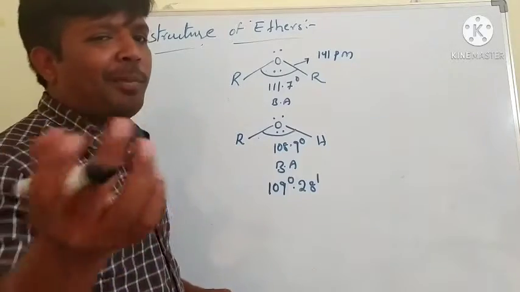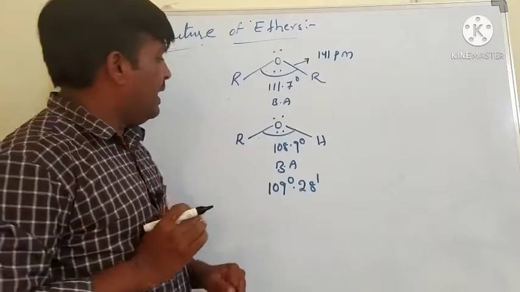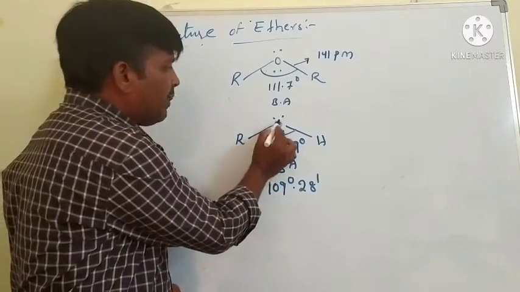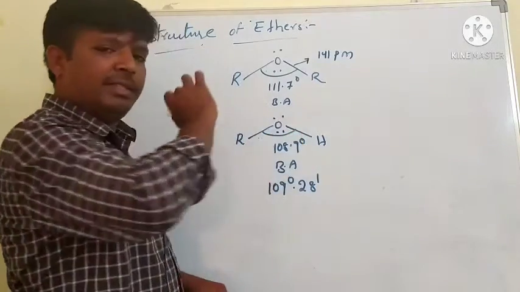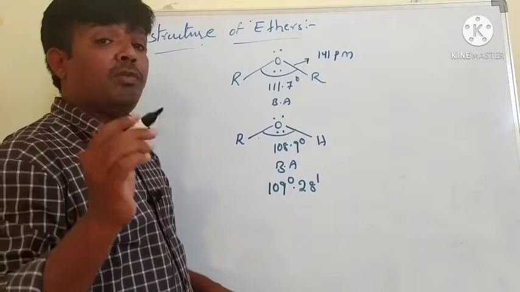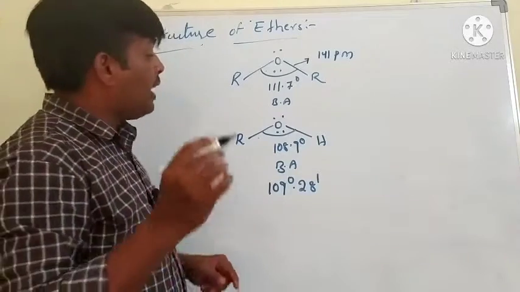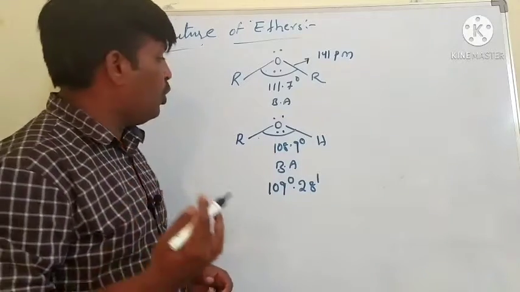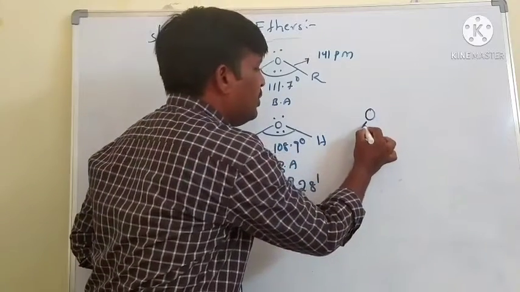What is the reason behind that? In alcohol, the repulsion between the two lone pairs of electrons is very high, and they occupy more volume or more space. That's why the bond angle is reduced.